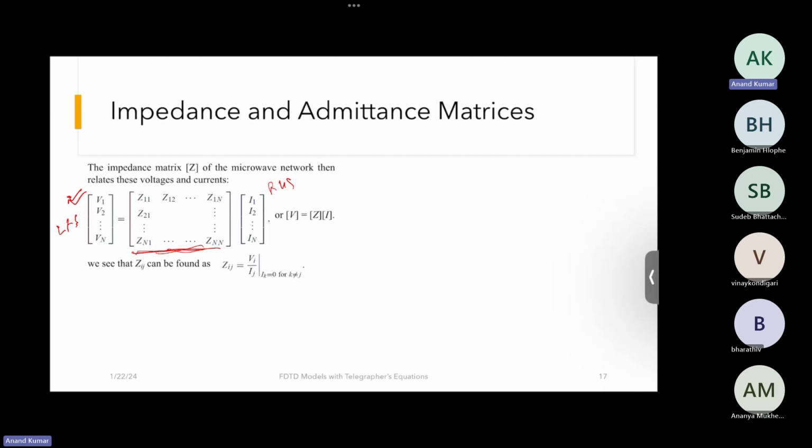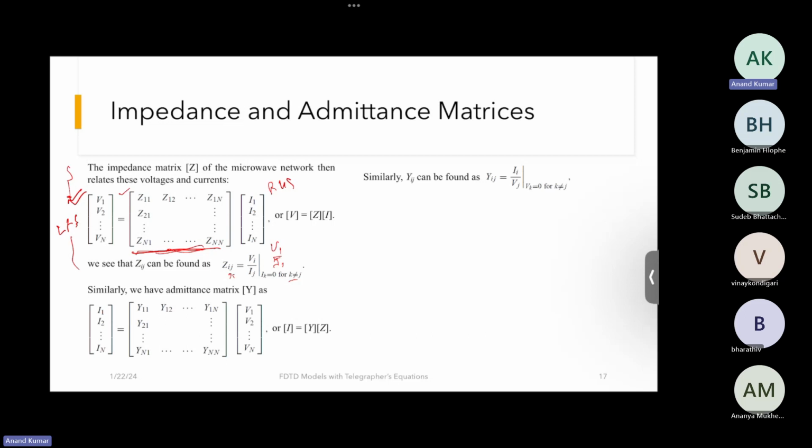So Zij, for example, Z11 will be V1 by I1, and we have to make sure that the current at all the other ports is 0, that is, for k not equal to j. I won't emphasize this a lot. I'm just covering it so that we know the different matrices and the relationship that we have between the voltage and currents.